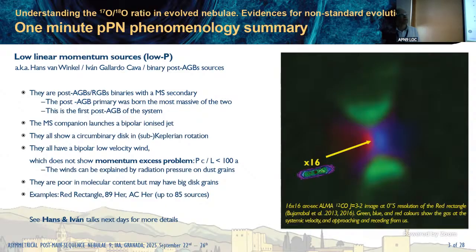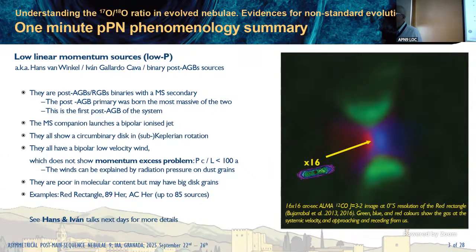We have something that I like to name low momentum sources. These are the kind of sources that Hans Van Winckel and Ivan have been studying. They are binary post-AGBs with some post-RGB contamination. They are all binaries.